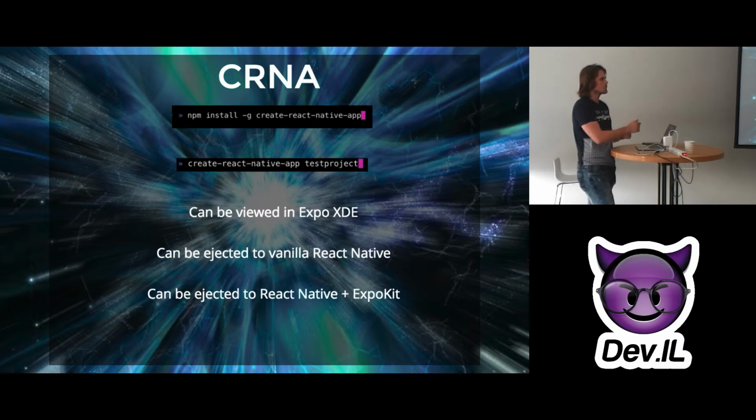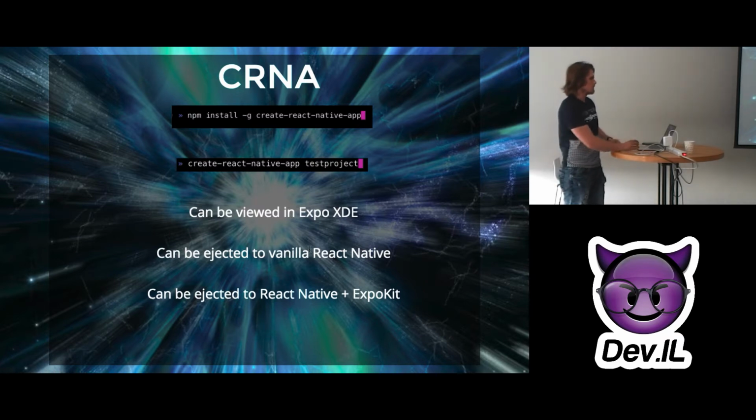You want to use some of the SDKs they give you. You want to use, for example, push notifications. So you basically can inject into React Native plus Expo. So as you can see, I have the flexibility of using React Native CLI, Exponent, or Create React Native App.